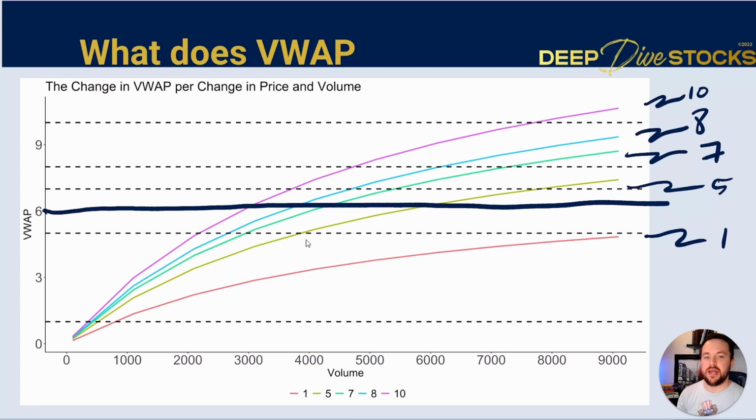And what's curious is we see that even in times where the next VWAP value is greater than the previous VWAP value of 6.5, so 7, 8, 10, there are times when the subsequent VWAP value will be less than 6.5, depending on the volume. So if there's less than a total aggregate volume of around 3,000, even though your next value is 10, it will be lower than the current VWAP value.